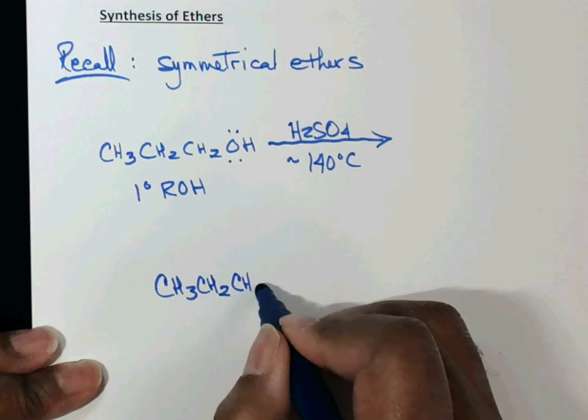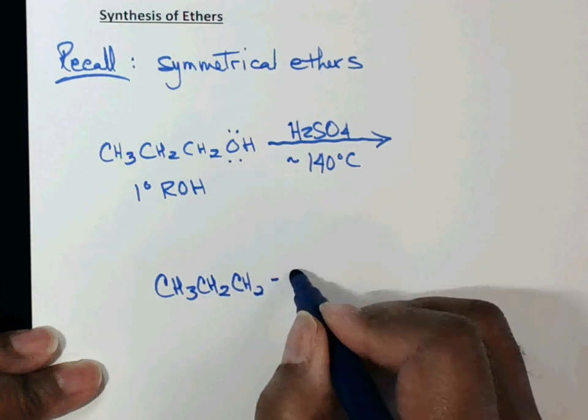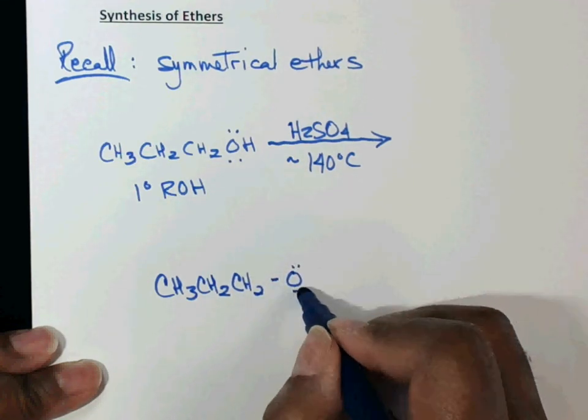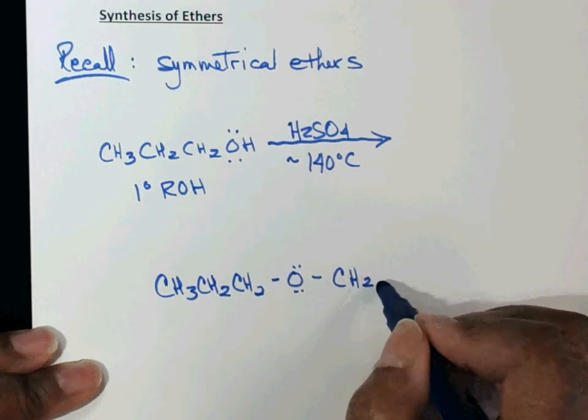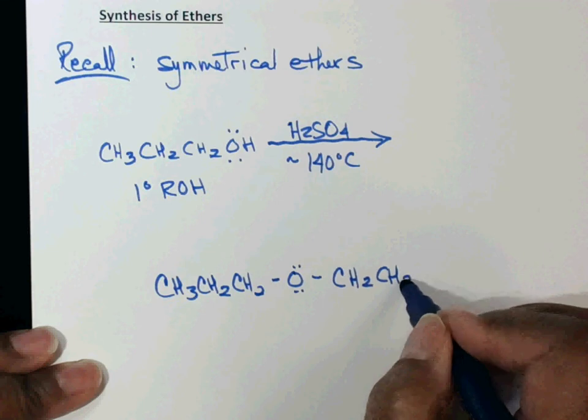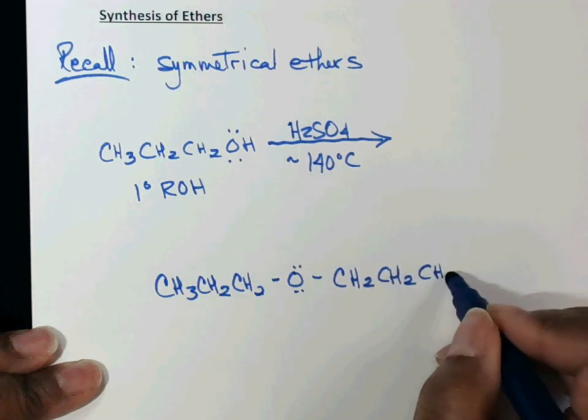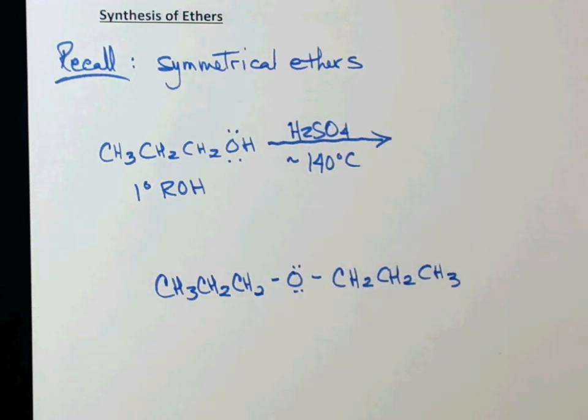Now, when we discussed this, I don't remember if I said that this process only works for symmetrical ethers. I probably didn't, because at that time we really weren't focusing on ethers as much as the alcohol. So I'll say it right now.